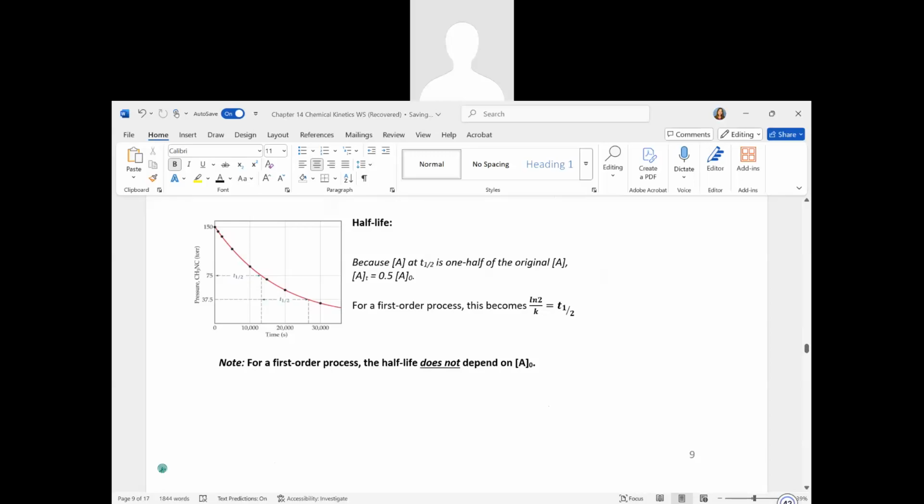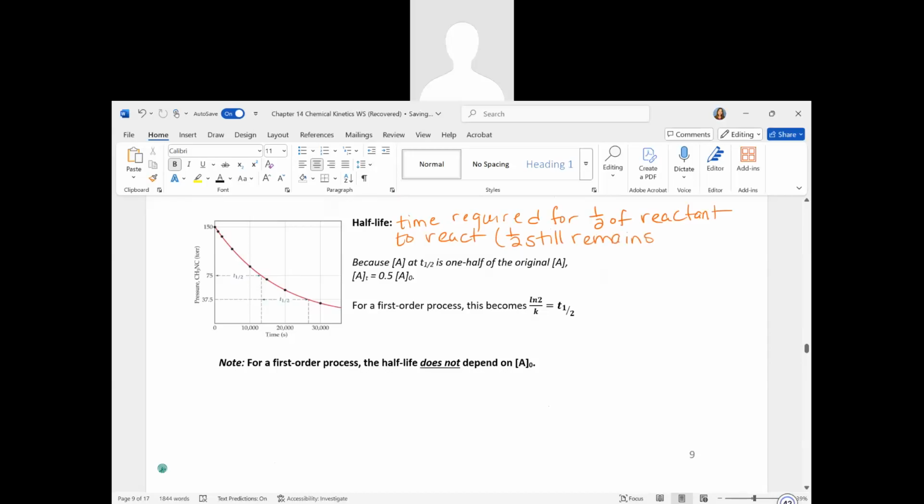So the next concept that we take a look at here is referred to as half-life, and we can define this as the time required for half of the reactant to react, and you can look at that as half still remains.